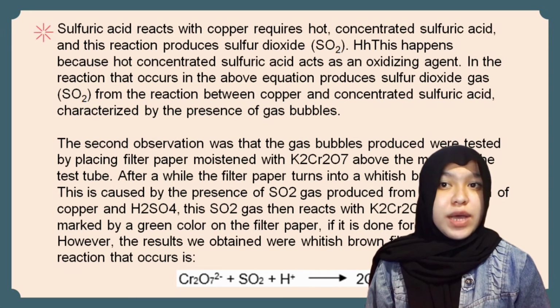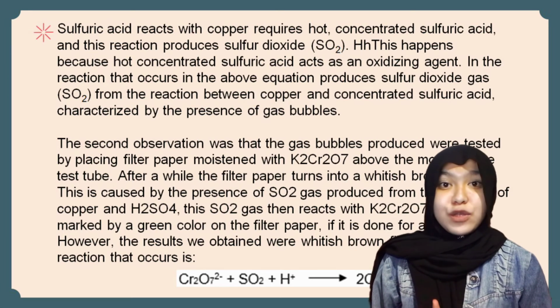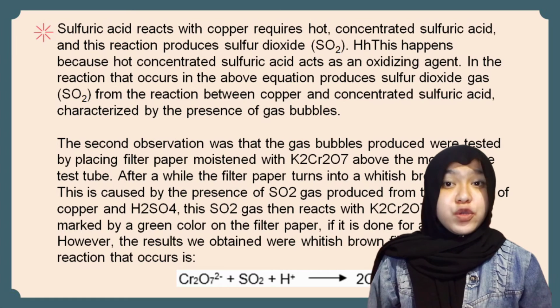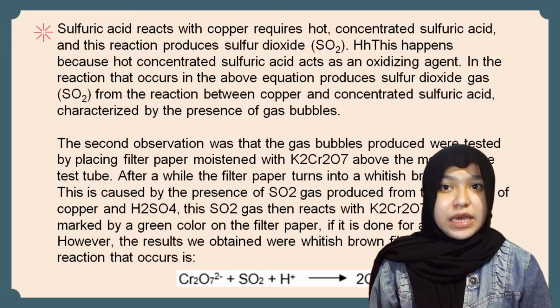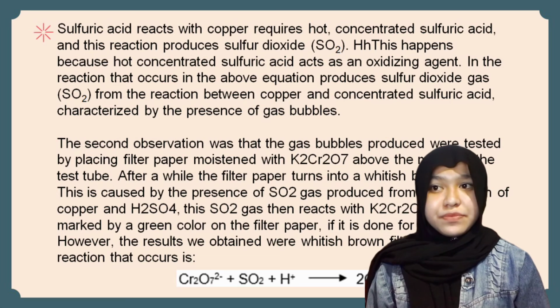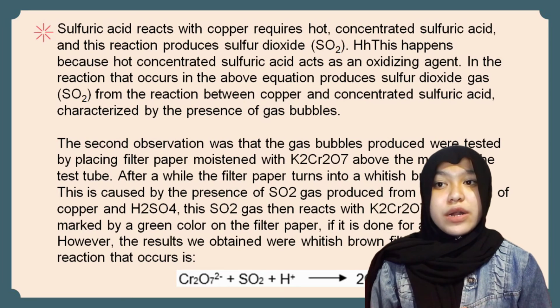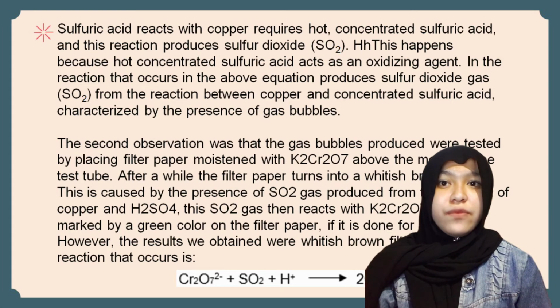This SO2 gas then reacts with K2Cr2O7, which is marked by a green color on the filter paper if it is done for a while. However, the result we obtained was brown filter paper.